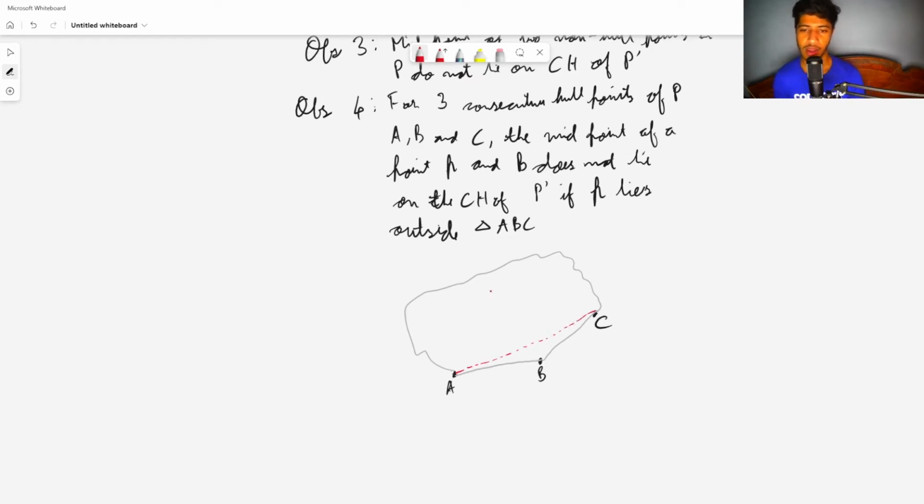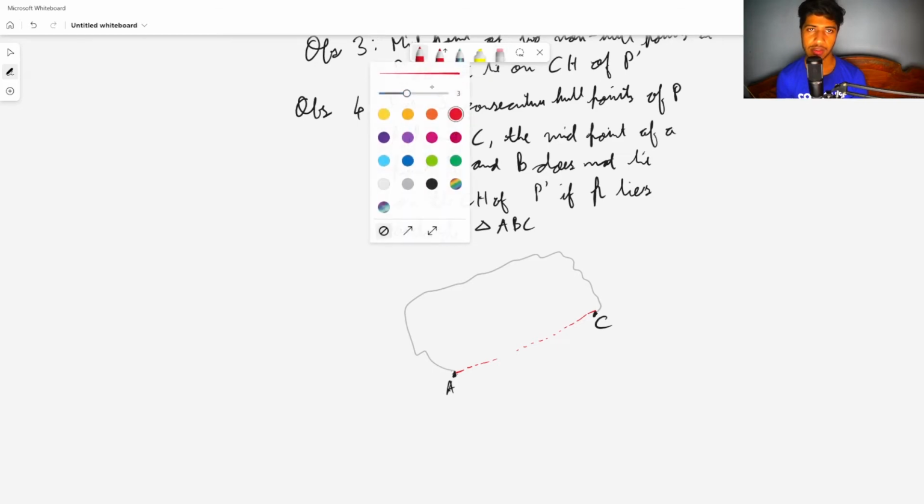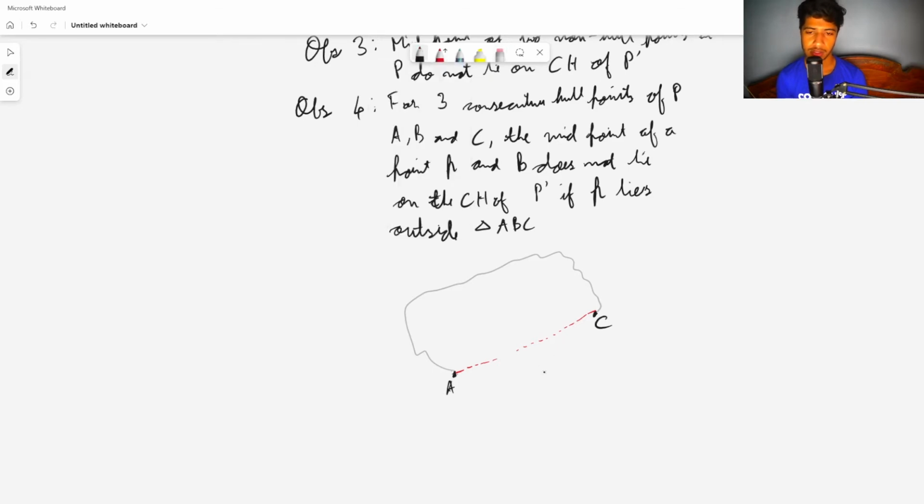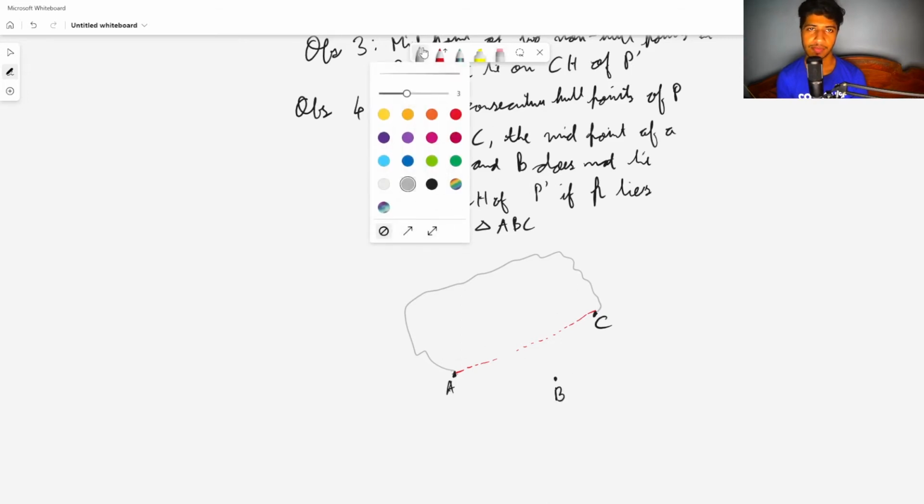Now, let's look at the midpoints of AB. So midpoint of AB is this, midpoint of BC is this. So let me draw B a bit here so that the triangle is bigger and it's easier to see, right?